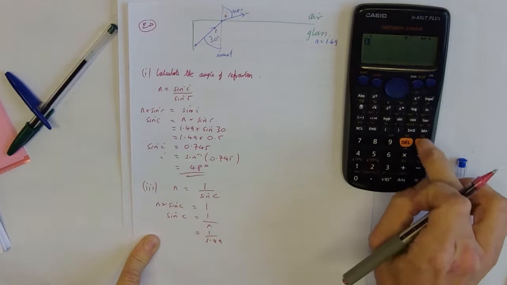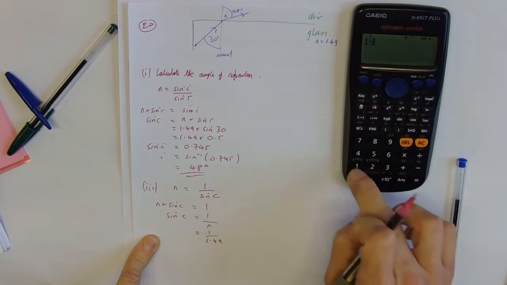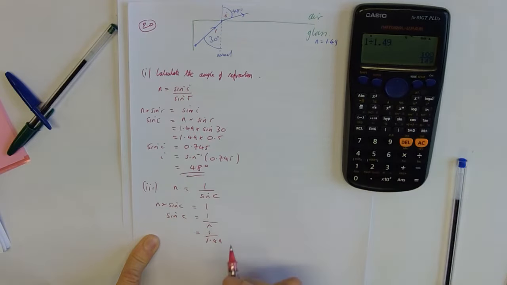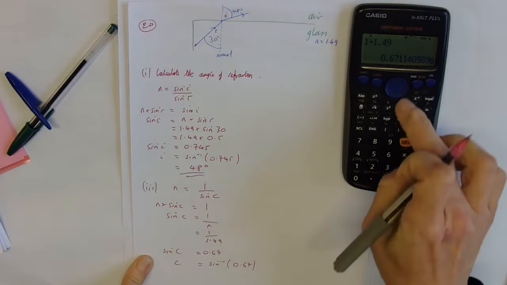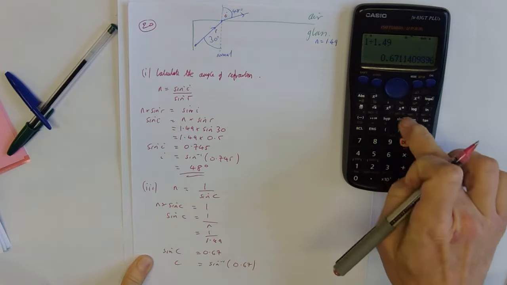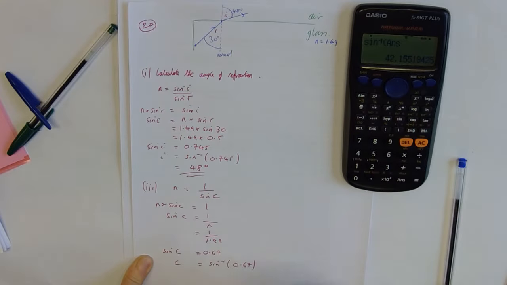So 1 divided by 1.49 is 0.67. So sine c equals that. c equals sine minus 1 of that. Shift sine minus 1. So our critical angle is 42 degrees.